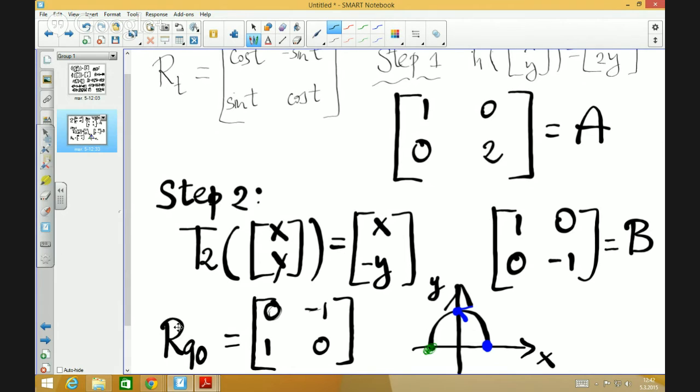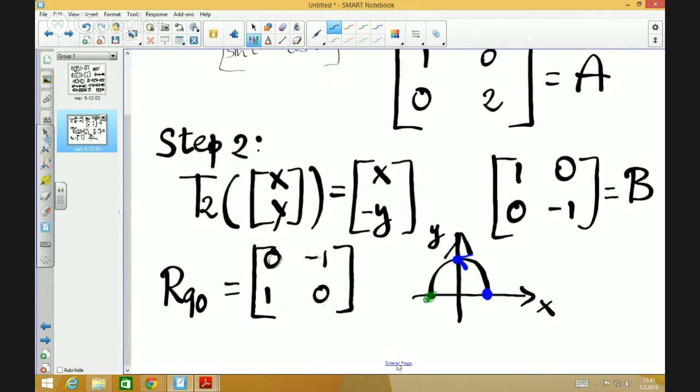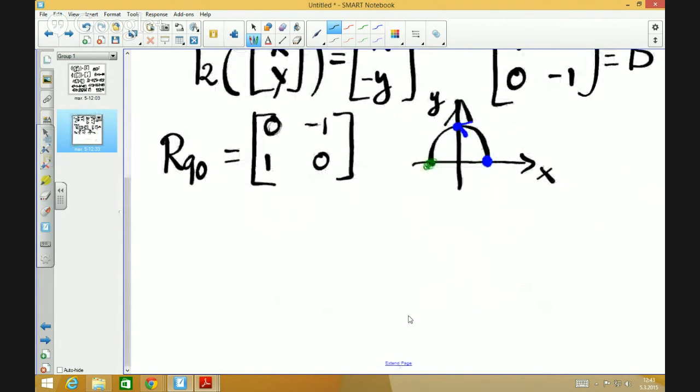Absolutely. Your colleague is saying what we are doing is the composition of three transformations. And since function composition at the level for linear functions is implemented by multiplying the corresponding matrices, the matrix that actually does the three transformations in one go is nothing but R90 times B times A. That's absolutely what it is.